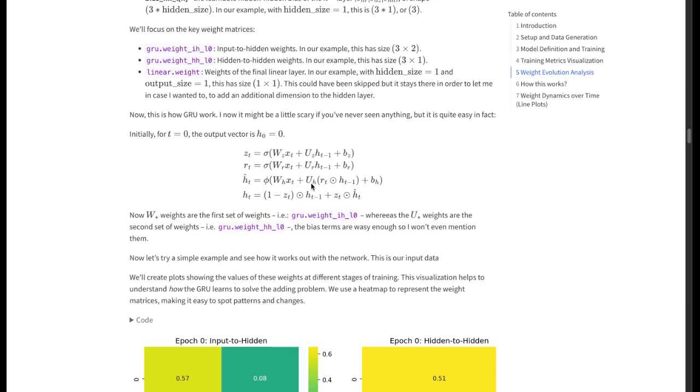So basically you say, all right, this is the old hidden layer. How much should I reset? How much should I forget about it? And why do we say forget about it?